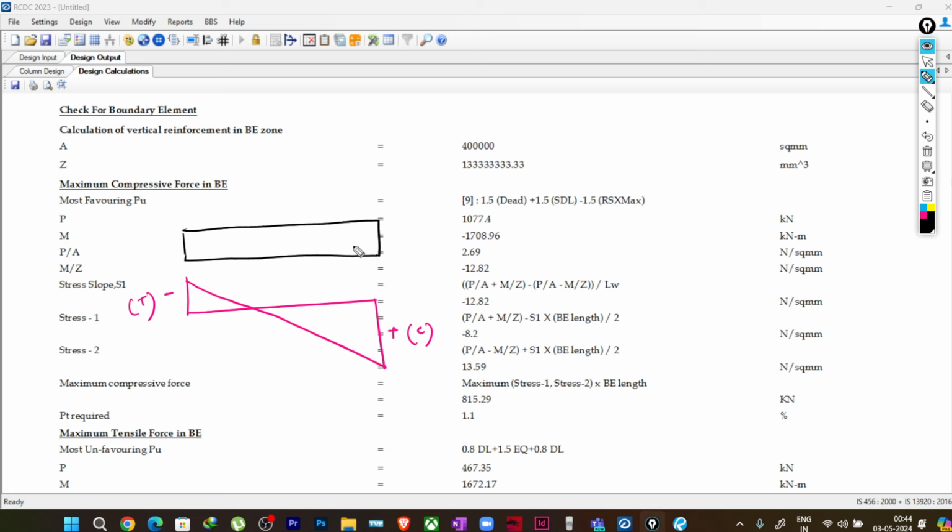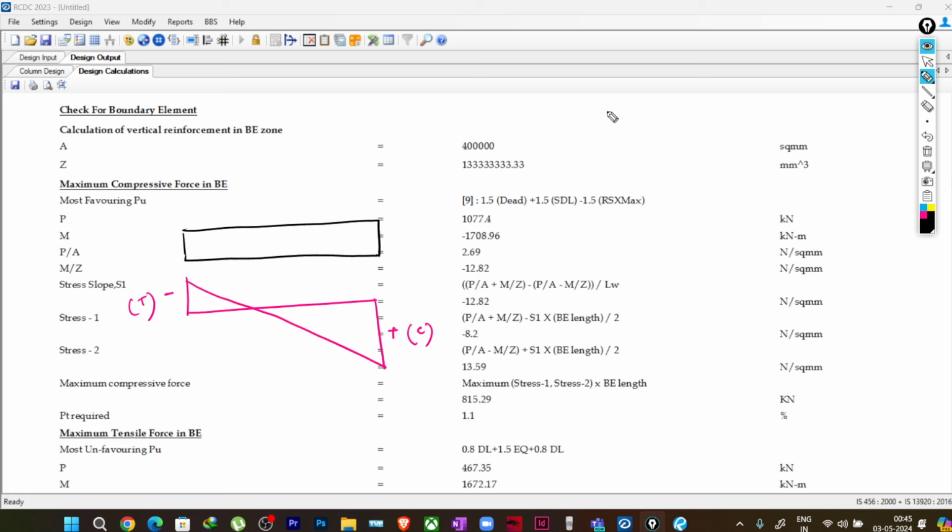Now generally we can assume the boundary element length initially and we can check, but RCDC has a different approach. How is it doing? It is following some international papers and the examples given in different publications of IIT Kanpur.